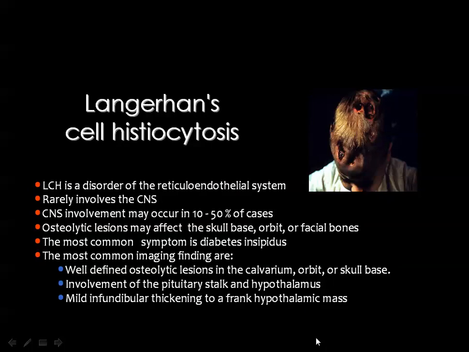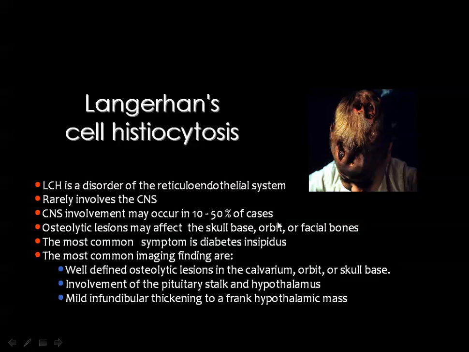Then one of the lesions that can also be seen in the suprasellar area is histiocytosis, or Langerhans cell histiocytosis. This is a disorder of the reticuloendothelial system, and it's rare for it to involve the CNS, when the involvement here can be seen in patients with already diagnosed histiocytosis.